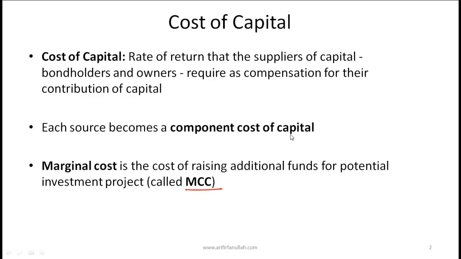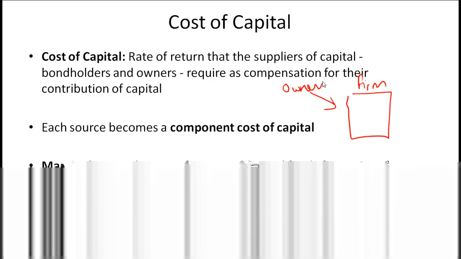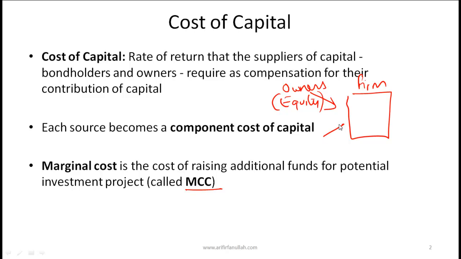So what's the basic idea here? For a given firm, there are two primary sources of capital. One is money coming in from the owners. This can be referred to as equity capital, and the other source of money is coming in from the lenders.